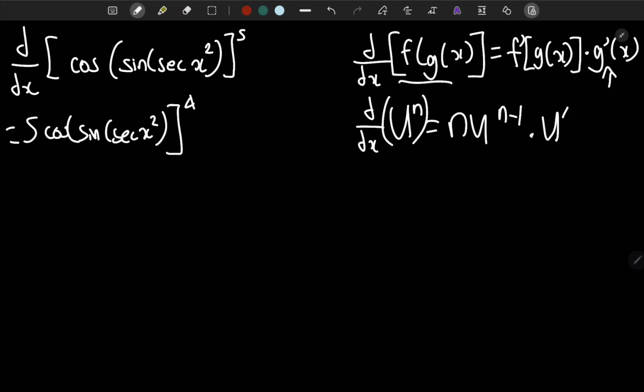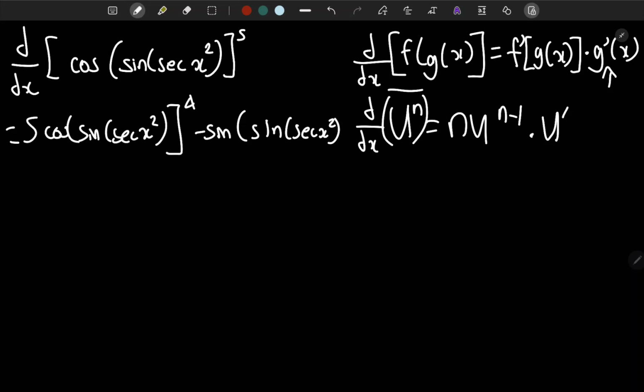This time we'll use this formula. So it's going to be the derivative of cosine, negative sine, and the inner part stays the same. And now we move on to g prime, which is this part now.